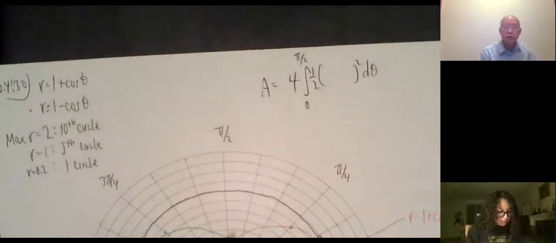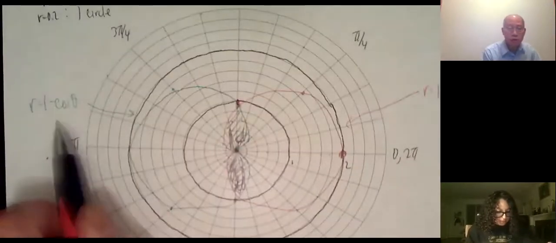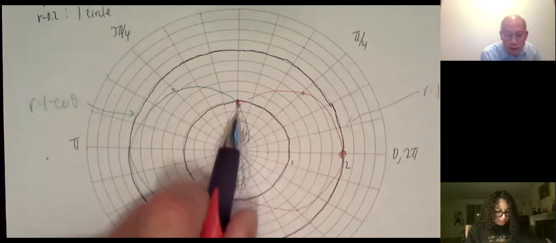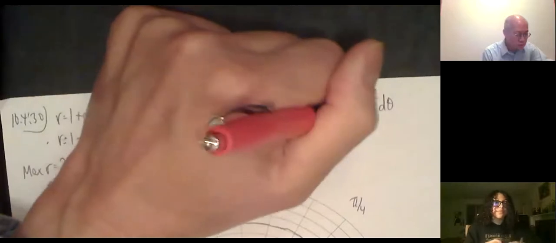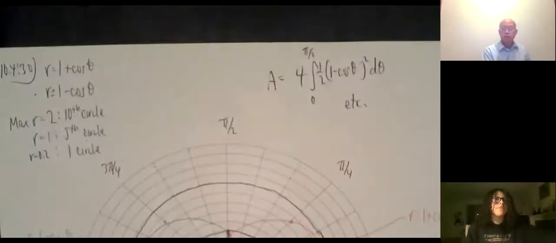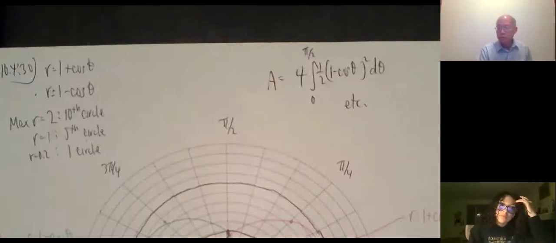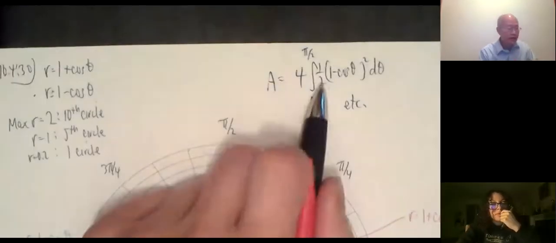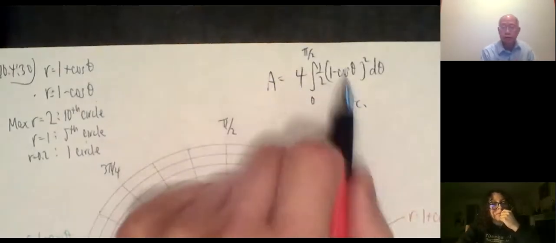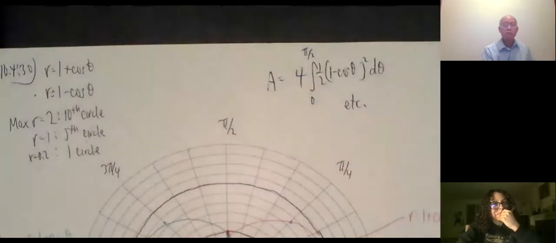Okay, and what is the r I'm using? In the first quadrant, the green, 1 minus cosine theta. Okay, and I'll just say et cetera after that. Okay, take out the half with the 4, 2, square that, blah, blah, blah.